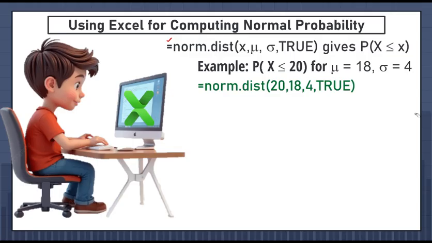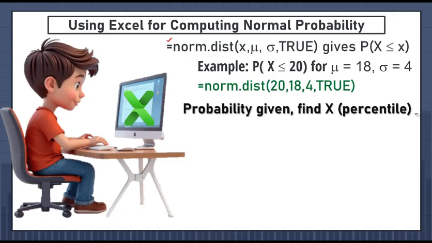Now sometimes it may so happen that the probability is given to us and we want the value of x. That means the value of x for which that probability is attained. This is called the percentile. When the probability is given and we reverse, we want to get the value of x. We'll see some examples when this becomes very useful.